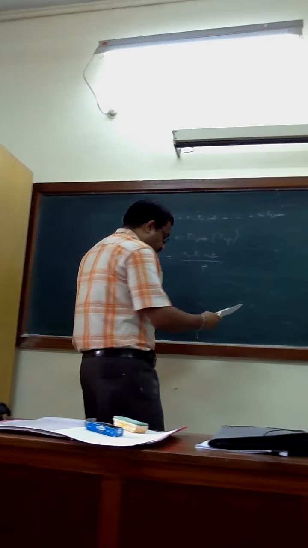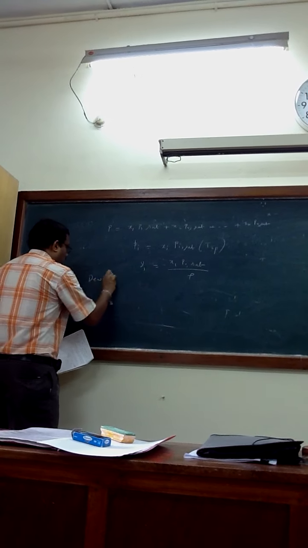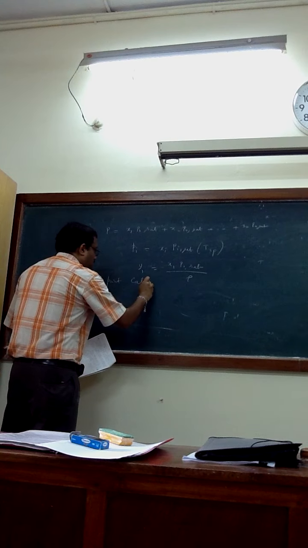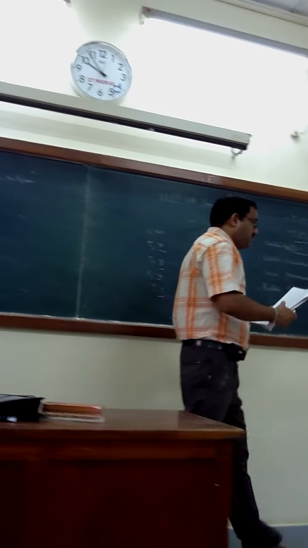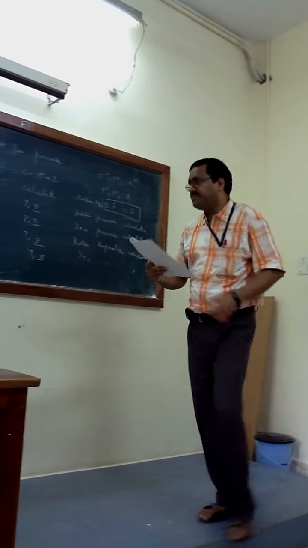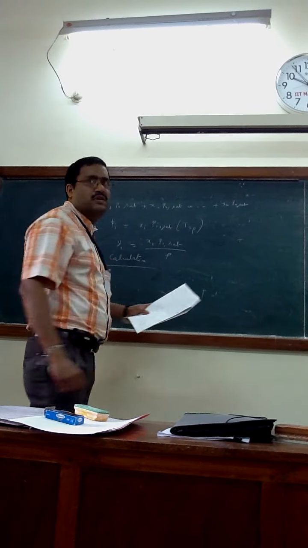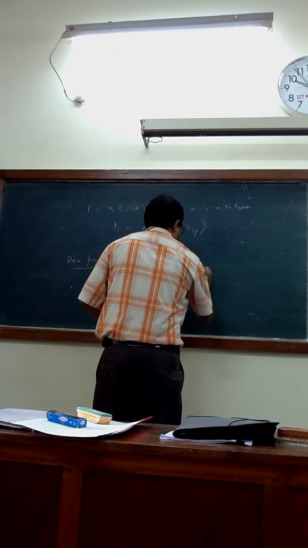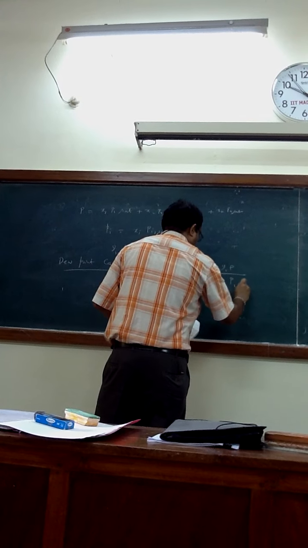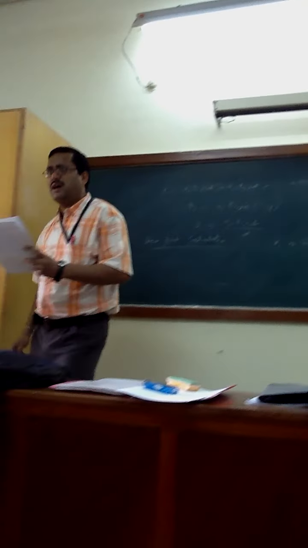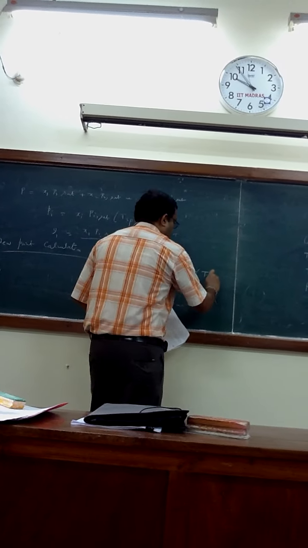What will happen for the dew point calculation? For the dew point calculation, given is T and y bar or P and y bar, then you have to calculate xi, right? Dew point: y1 is given, T is given or P is given. So you have to calculate x1, which is y1 P by P1 sat, or Raoult's law, which is a function of the dew point temperature.